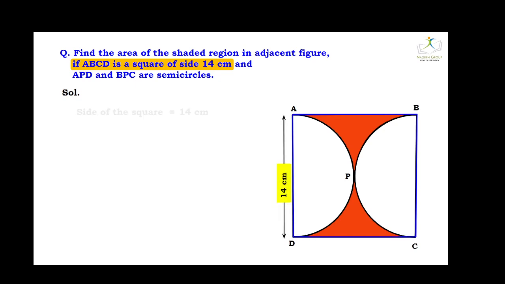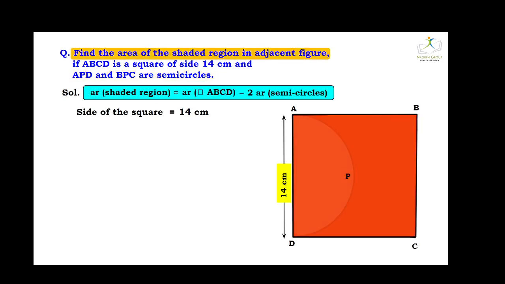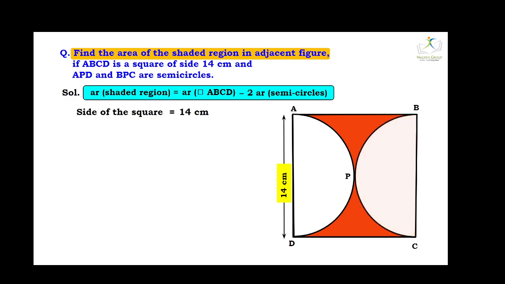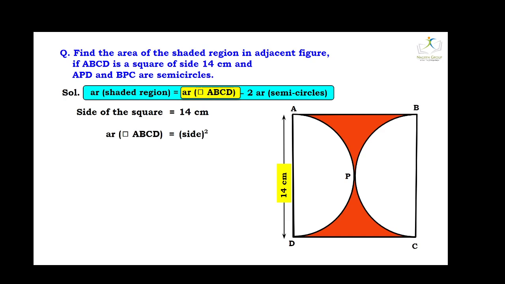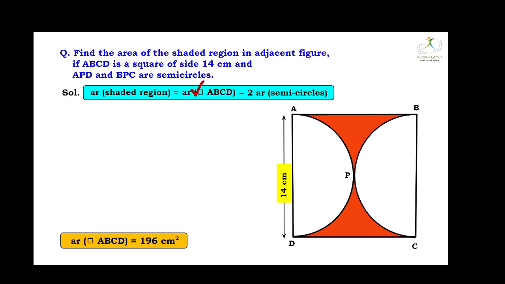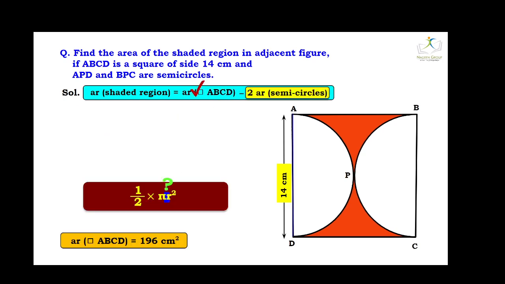Then the side is 14 centimeters, which is the diameter of the semicircle. So the radius should be 7, correct? So now you have to find the area of the square. You have to subtract the area of the semicircle 2 times, which is nothing but the area of a circle. That's all. It is very simple. What is the area formula for a square? Side square. So 14 into 14 gives 196, the area of the square, and now you have to subtract the area of the semicircles 2 times.